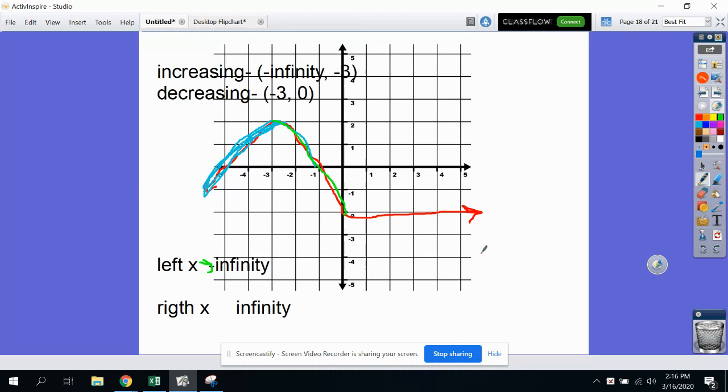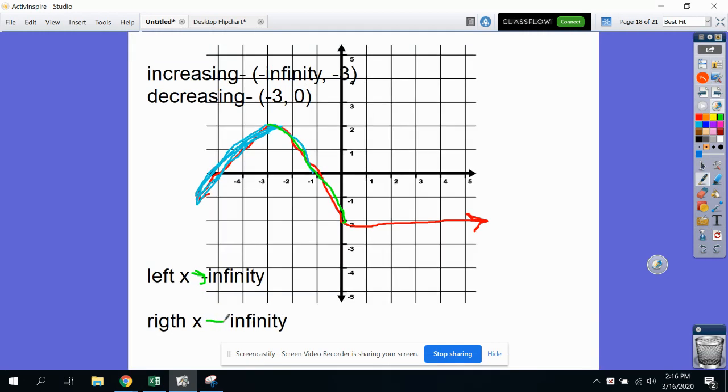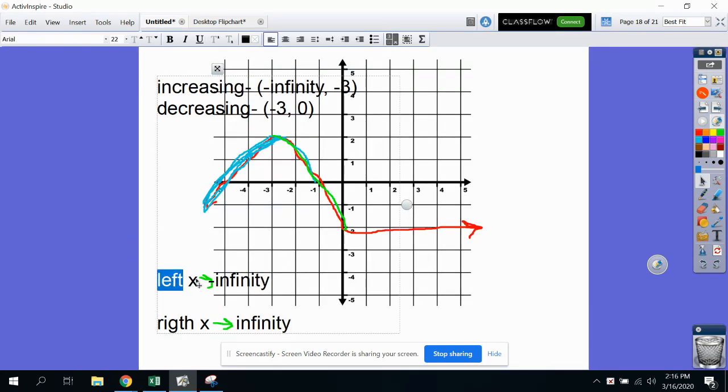Essentially, all you do is write what y is doing as it approaches these things. So as x approaches negative infinity, if you look, that line is going down, and it's going to continue going down. So as x approaches negative infinity, y approaches negative infinity because it's going down.